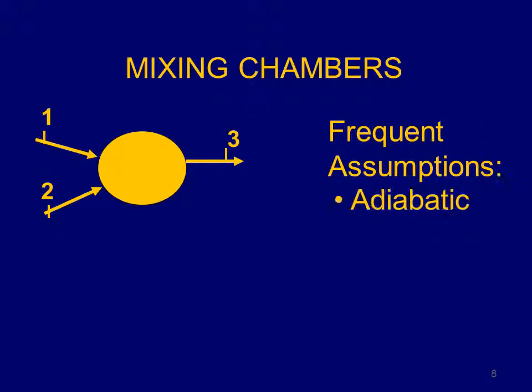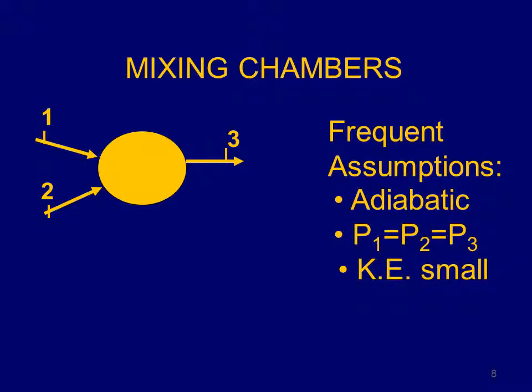Frequent assumptions that we have are that they're adiabatic, and also that all the lines hooked up to this, at 1, at 2, and then the line leaving at 3, are at the same pressure. So with heat exchangers, we're often neglecting the pressure drop. We'll do the same thing for a mixing chamber, at least for the time being, and let pressure 1 equal pressure 2 equal pressure 3. Also, we're going to neglect kinetic energy changes frequently.